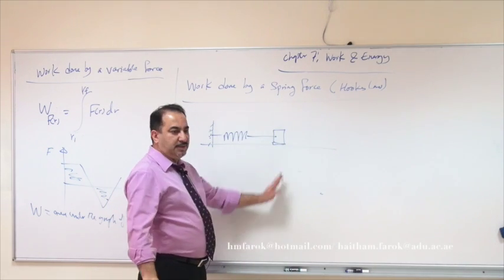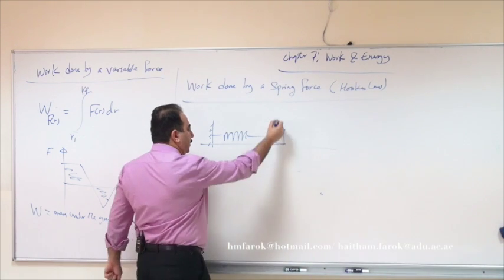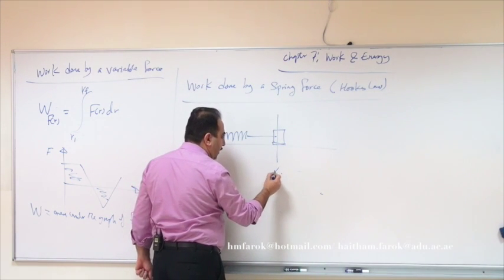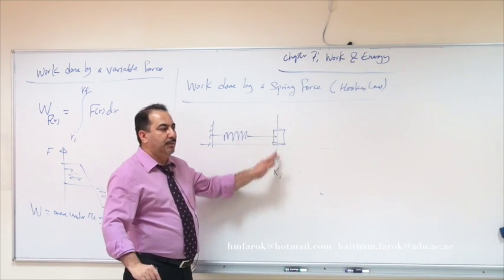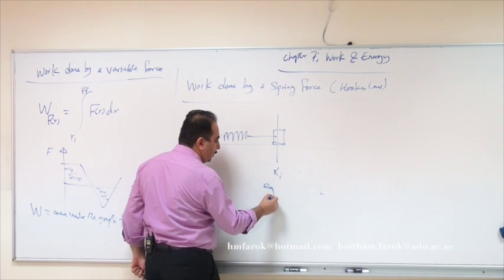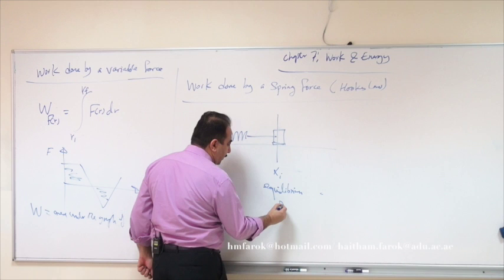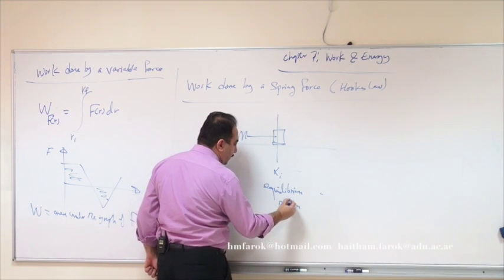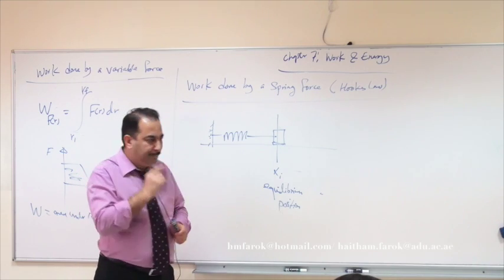Now, initially, the spring is not stretched or compressed. So this is the initial position, xi. When it's not compressed or stretched, we call this point the equilibrium position. Equilibrium position means the spring is not stretched or compressed.